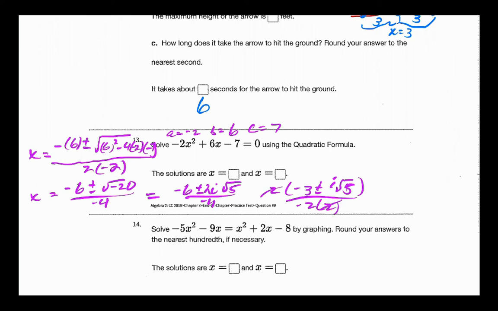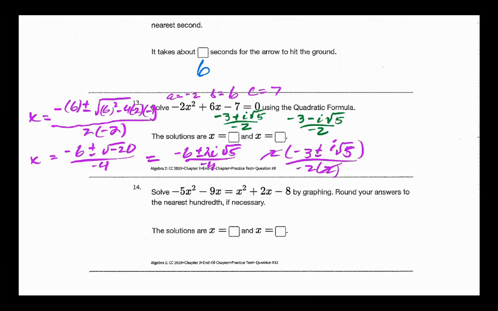So I would write one of them as negative 3 plus i root 5 over negative 2. I watched people put it in. And then I'll have negative 3 minus i root 5 over negative 2.